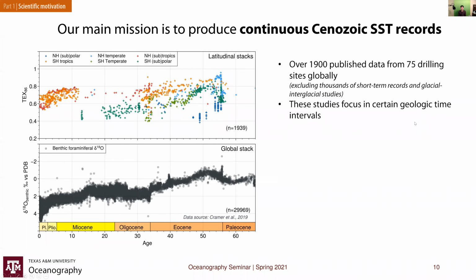Now, after you know how to use TEX86 to inform us about the sea surface temperature in the past, let's take a closer look at what we have in the TEX86 records. As I mentioned already, our main mission is to produce continuous Cenozoic sea surface temperature records. So I'm not going to just add a couple hundred data points anywhere. I have to target very specific locations and a very specific time interval.